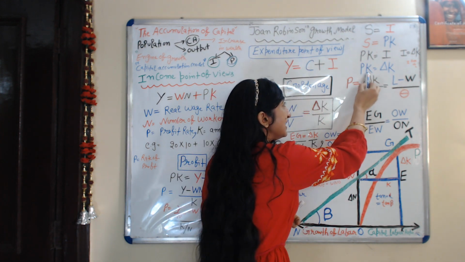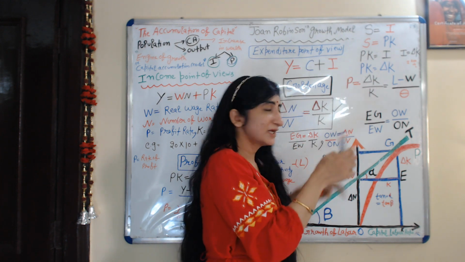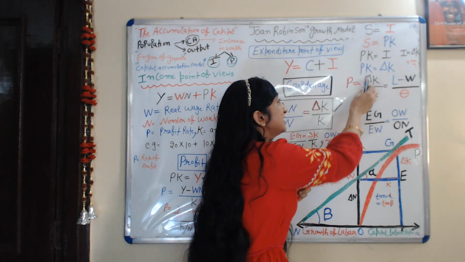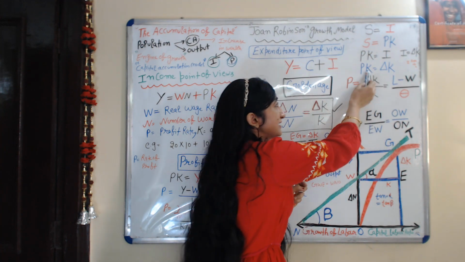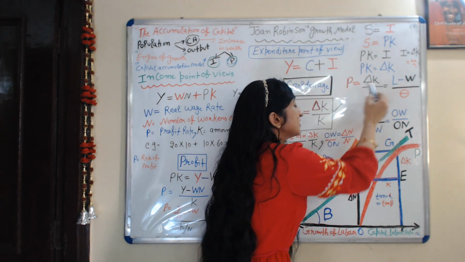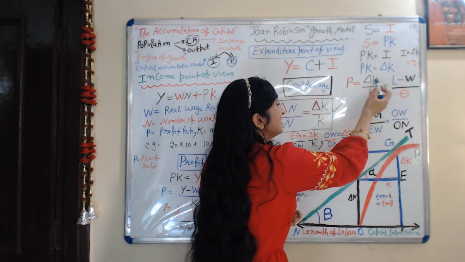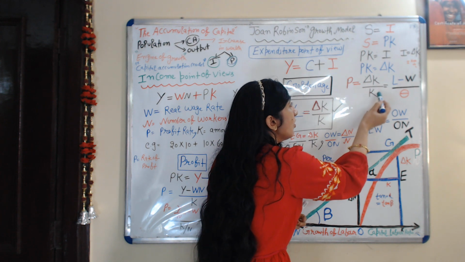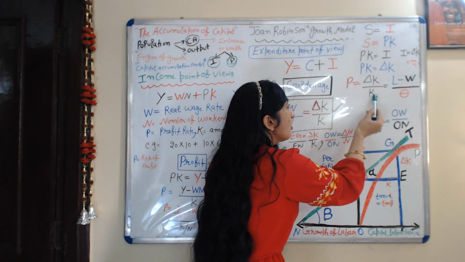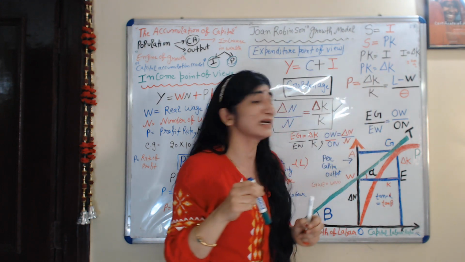Now this K is in multiplication. If we take this K to the other side, it goes into division. Now our final equation becomes P equal to delta K over K. What does delta K over K mean?